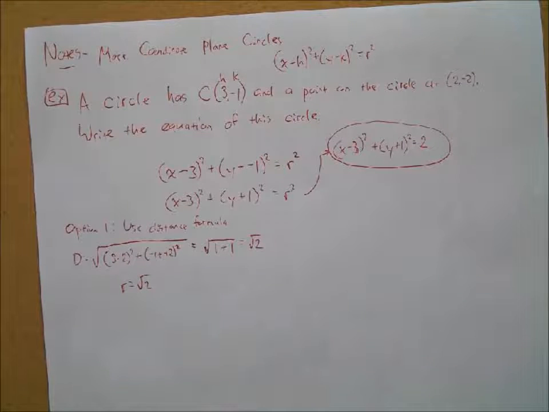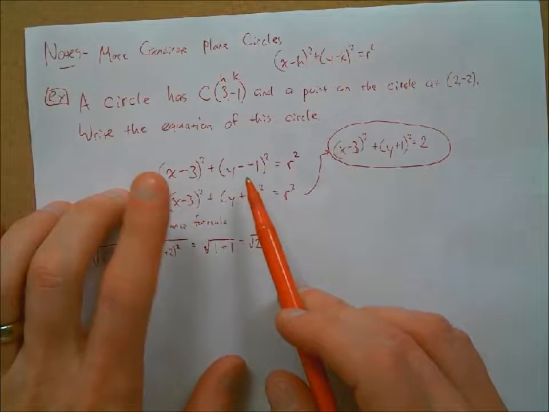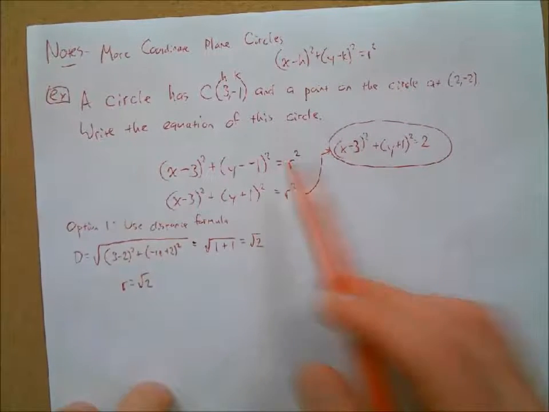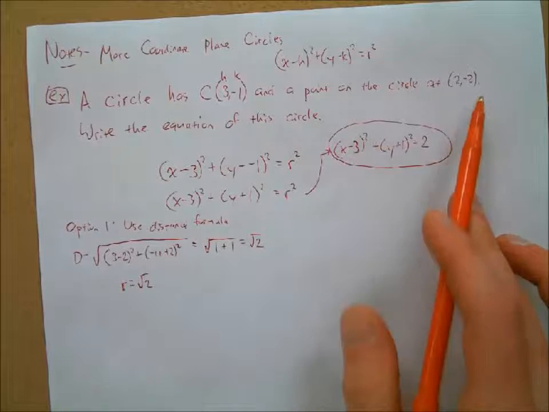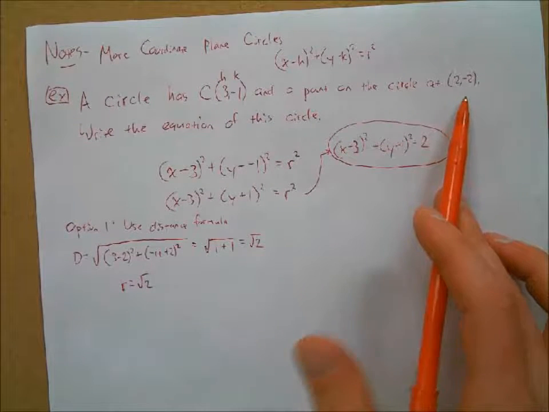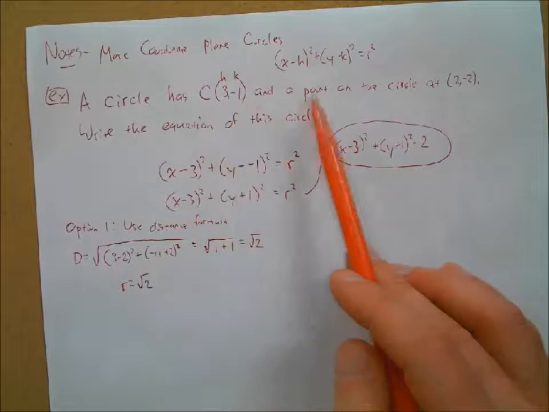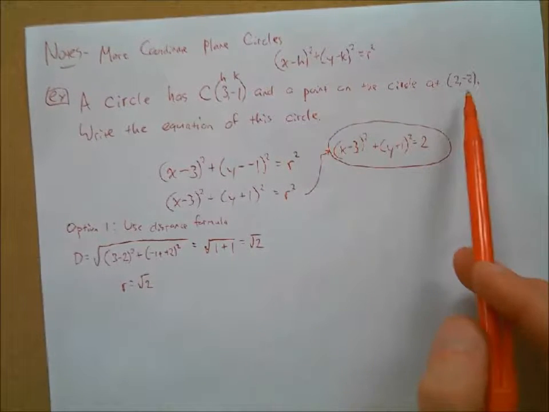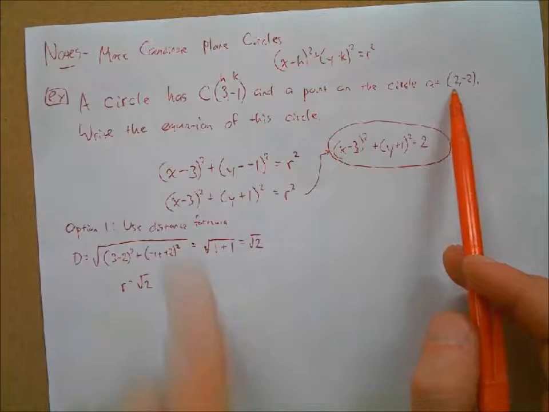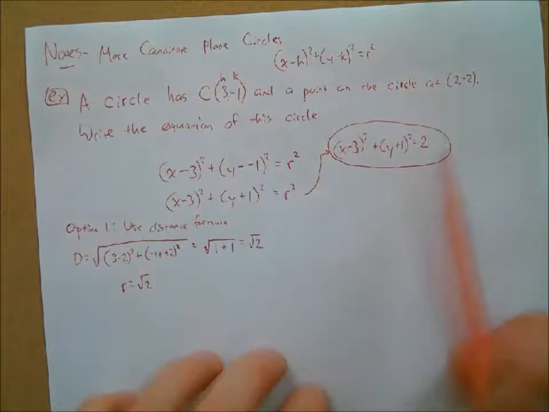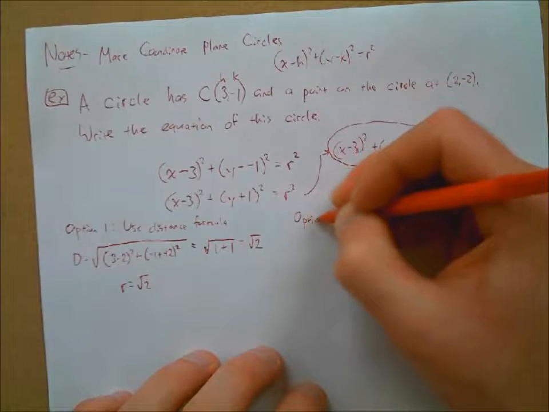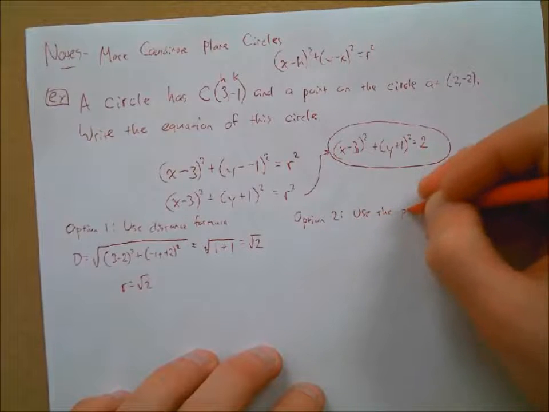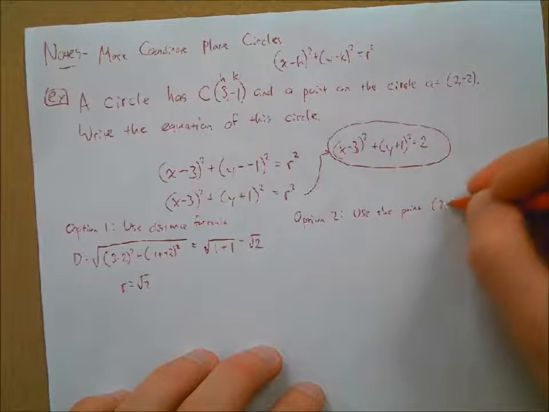So yes, if this circle equation exists, we know that this point is on the circle. In the previous problems that we did, we were told to come up with the equation for the circle and then determine whether a point is on the circle. But we're told now this point is on the circle, which means it must work in our equation here. So an alternative: use the point (2, -2).